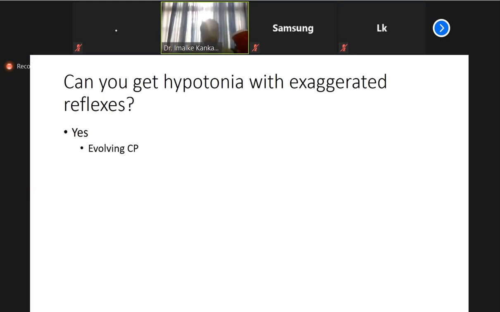First they will get hypotonia, flaccid, then they get hypertonia. During this transition, there will be a point where you will see exaggerated reflexes despite the child being hypotonic.